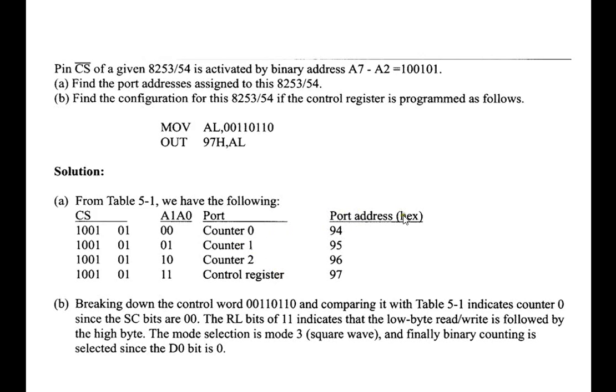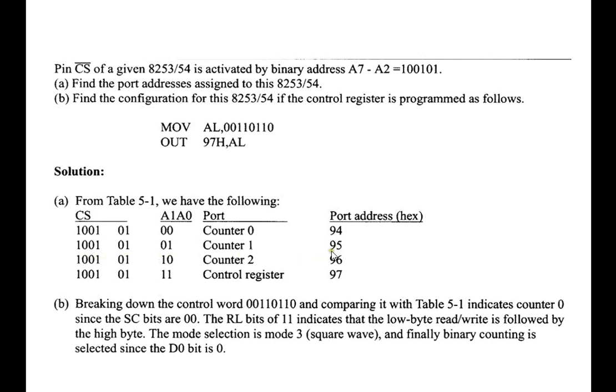So the port addresses in hexadecimal form are: 1001, which is for 9, and 0100 stands for 4. Then 1001 stands for 9, and 0101 is for 5.